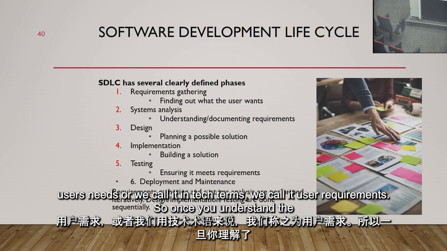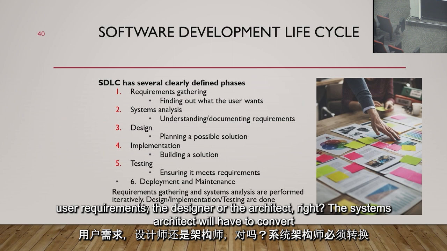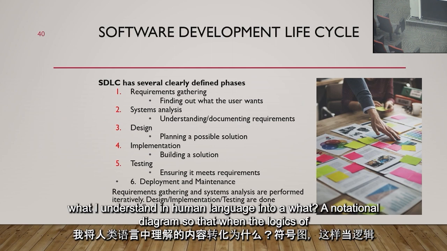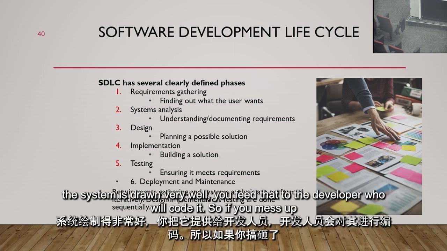So once you understand the user requirements, the designer or the architect, right, the systems architect, will have to convert what I understand in human language into a, what? A notational diagram, so that when the logic of the system is drawn very well, you feed that to the developer who will code it.